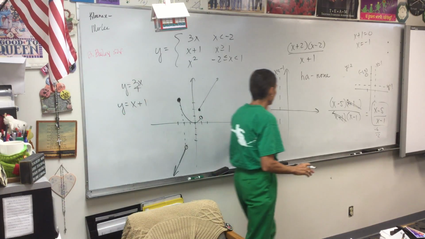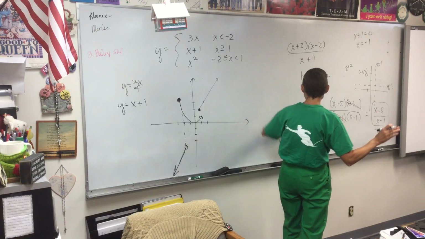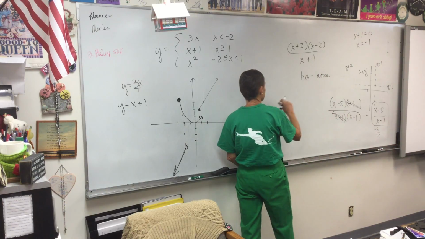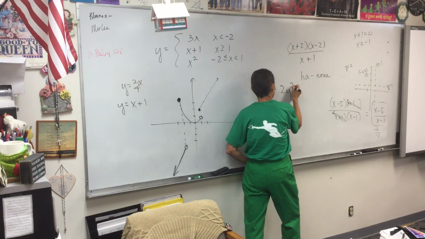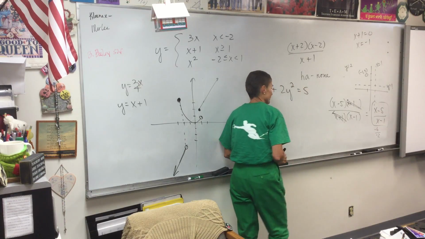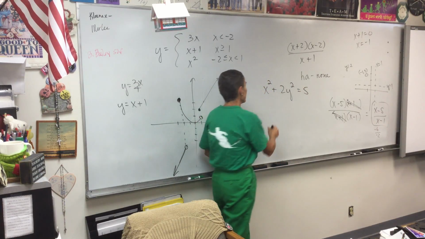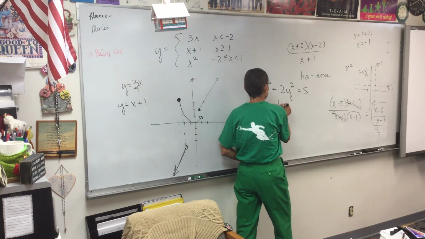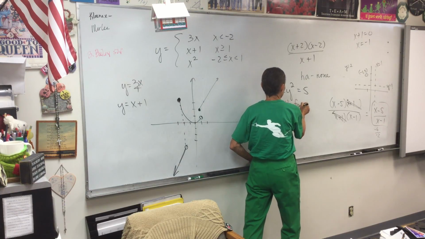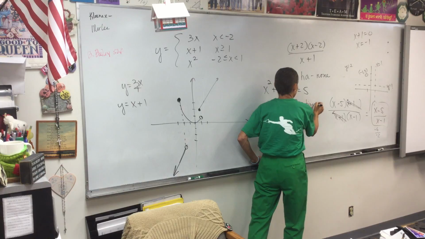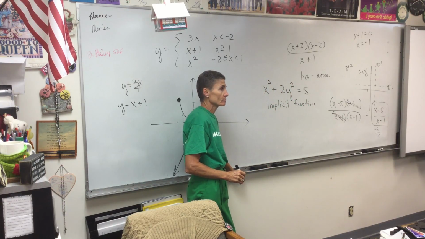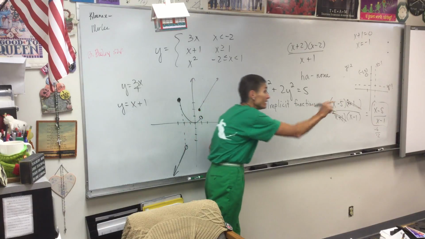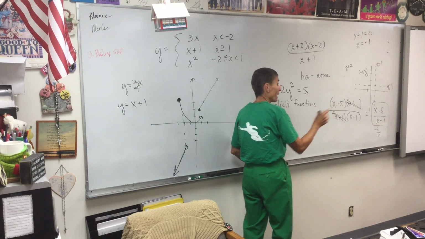Okay, wait, let me do one. We're not sticking to the paper now, I'm giving you examples of what's on the quiz. x squared plus 2y squared equals 5. Find the implicit functions. Who remembers how to do that? What do we do? We're going to get y by itself.